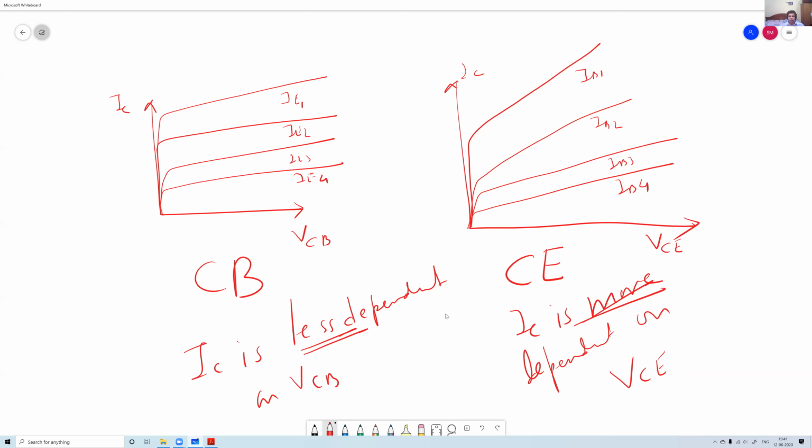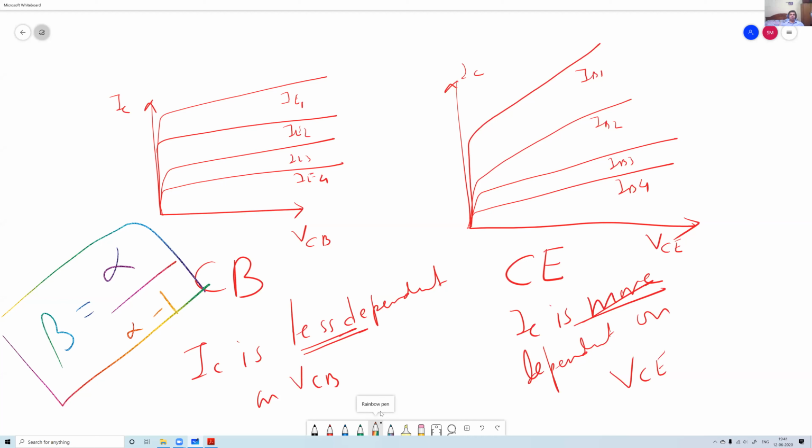I am giving you a hint. Something I taught you. The answer is hidden in this equation. Sorry, I made a mistake. This is the correct equation.